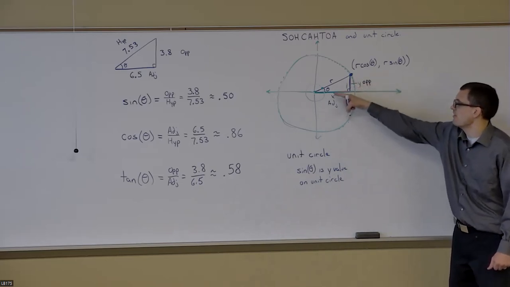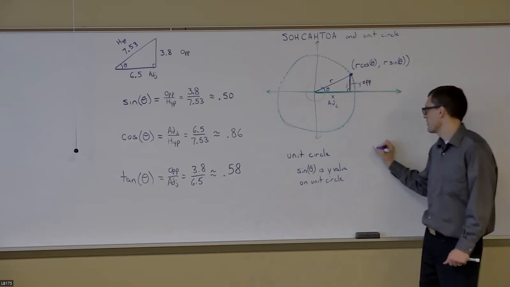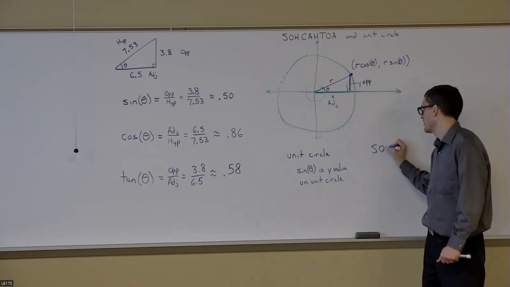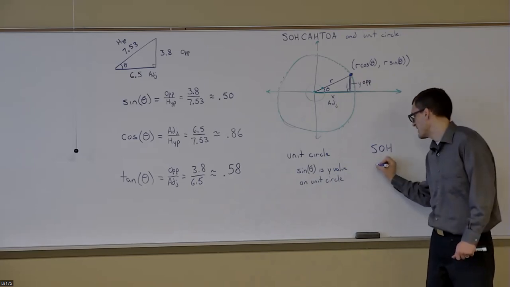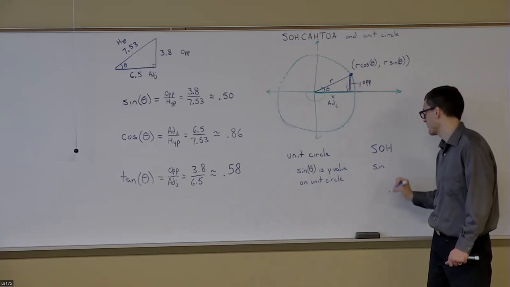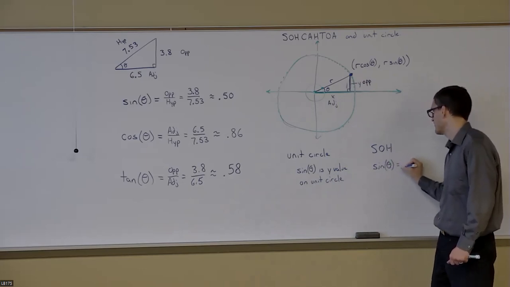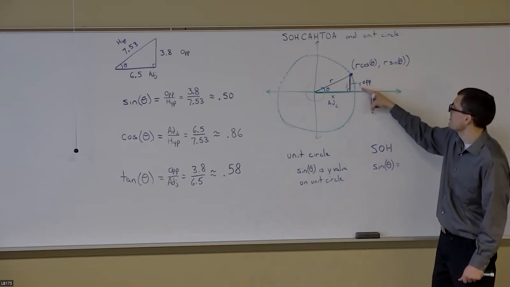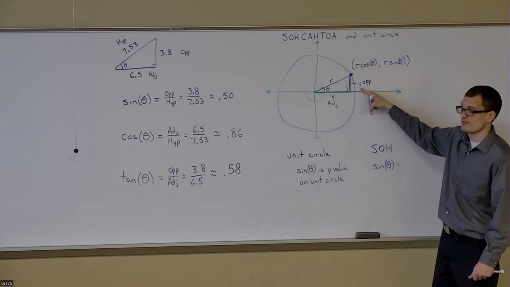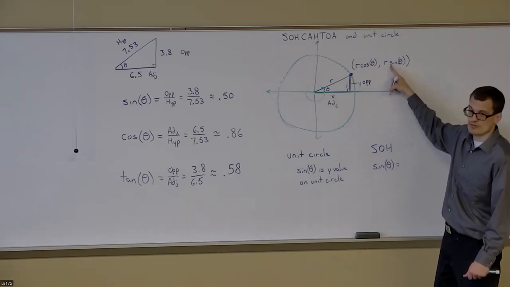Notice that on this circle, the SOH says that my sine value is the opposite of my value on the bigger circle.